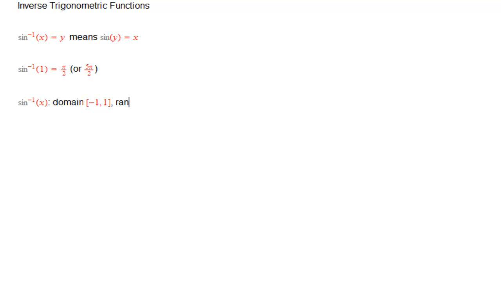And then for the range of inverse sine, we need to restrict this so that multiple outputs don't happen. Sine of negative pi over 2 is -1, and sine of pi over 2 is 1, so that catches the entire range of possibilities for sine. So if we use angles from negative pi over 2 to pi over 2, then x ranges over our entire domain from -1 to 1.